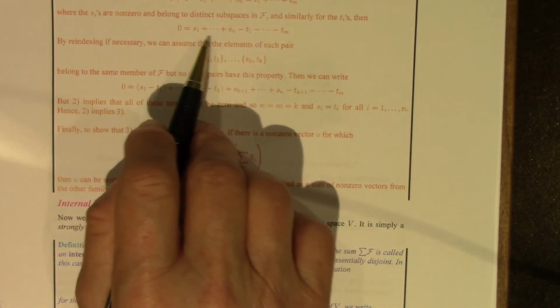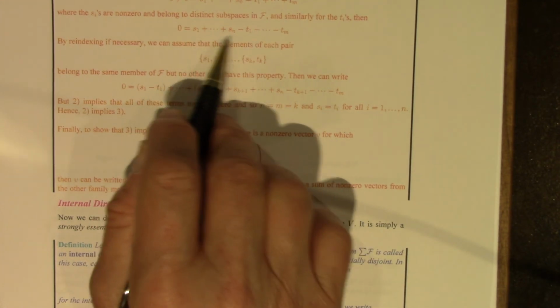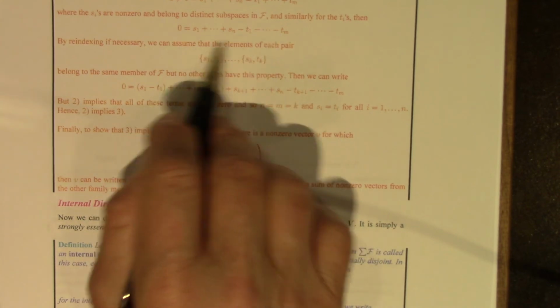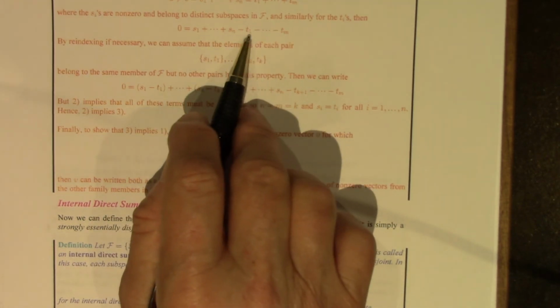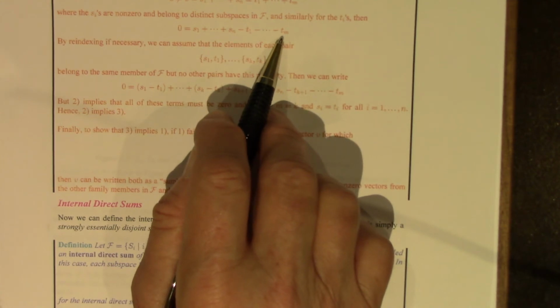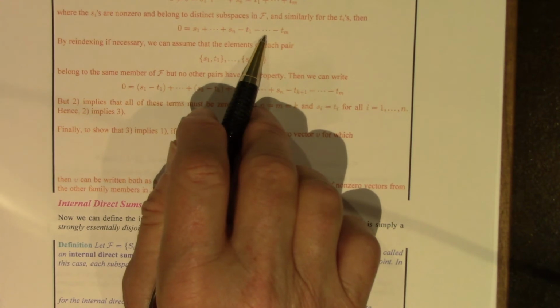Now we don't know initially if any of the S's are equal to any of the T's. It's a little bit of a mess. So what we can do is reindex the T's if necessary, so that if S1 is T5, then we'll reindex T5 to T1.